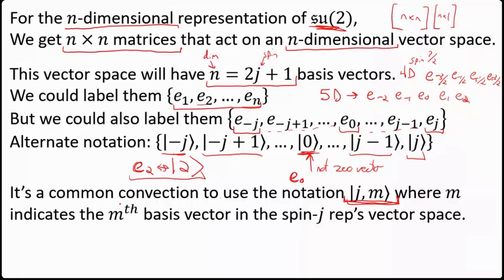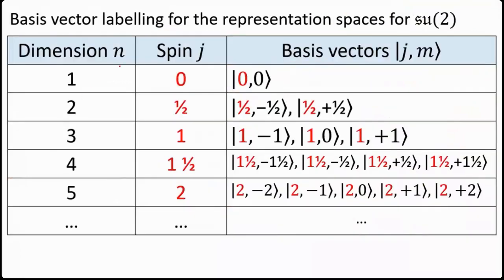And this will be clear on the next slide, but M is the mth basis vector in the spin J representation. That might sound really confusing, so I'm going to lay it out here. In the one-dimensional representation, which is spin 0, we have one basis vector, 0, 0.